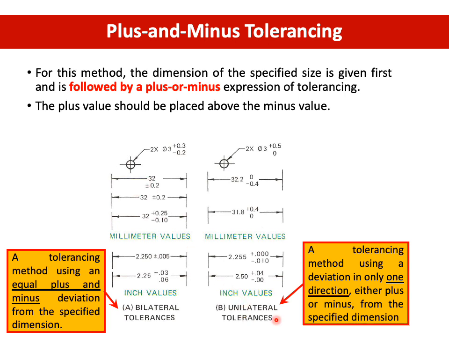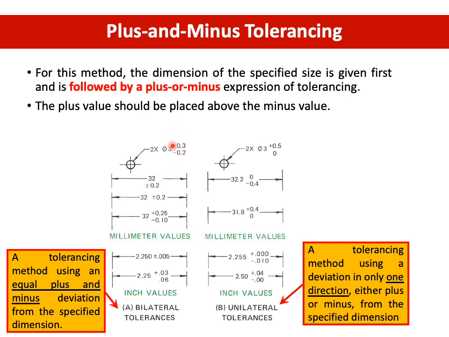As for the unilateral tolerance, it only has one direction: either a maximum, a plus, or only a minus. If bilateral, this is how you express the plus or minus method.